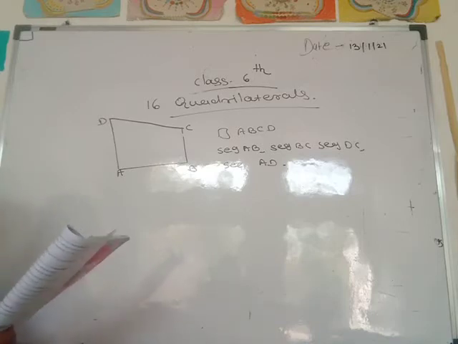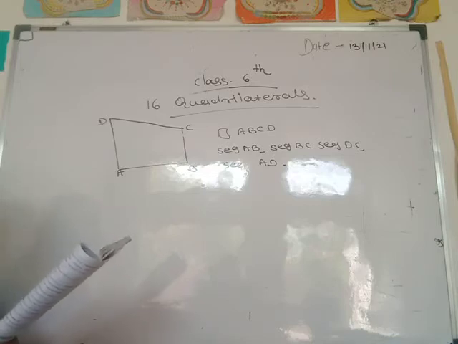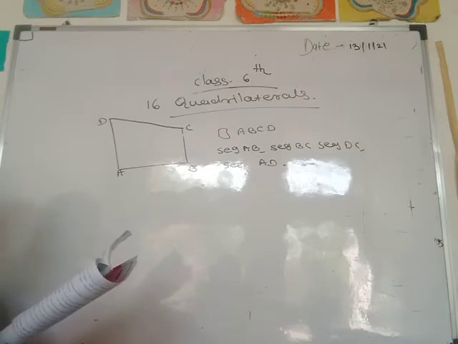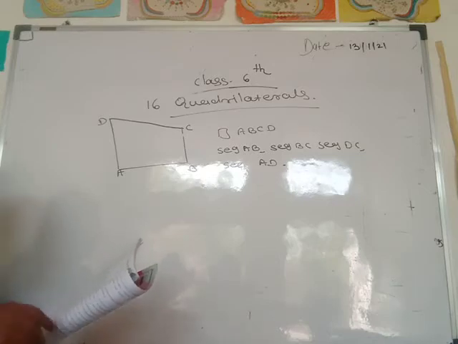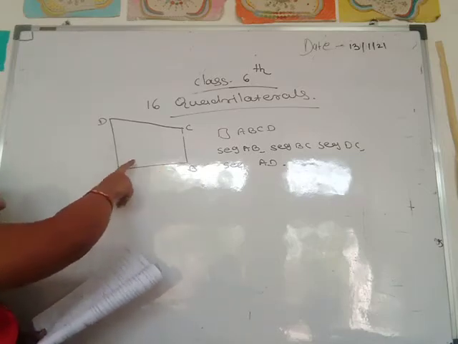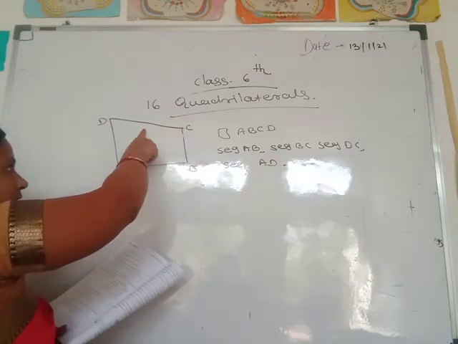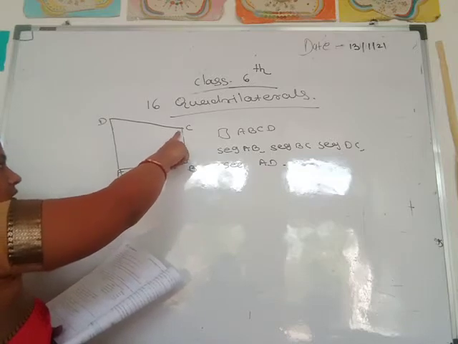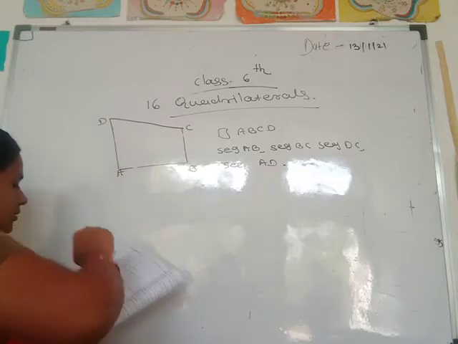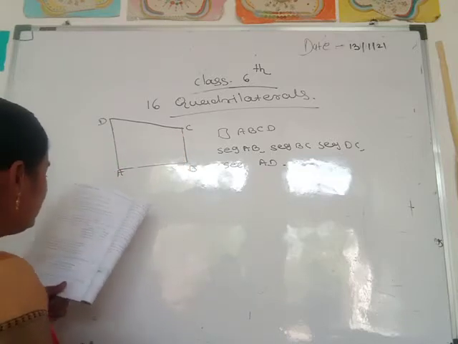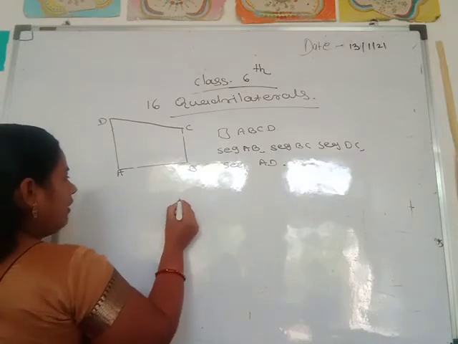A quadrilateral can be named by starting at any one point and going serially, either clockwise or anti-clockwise, around the figure. See this reading of the quadrilateral.